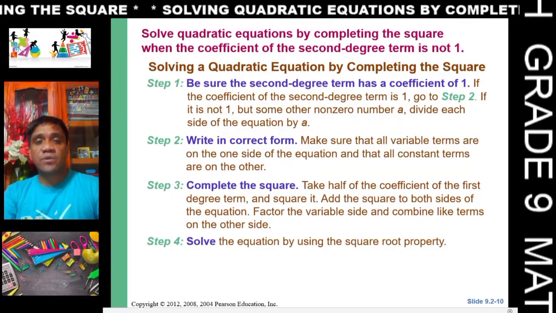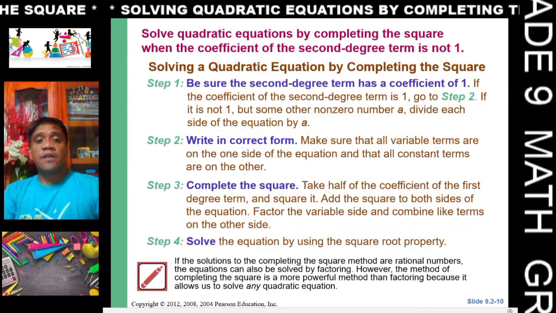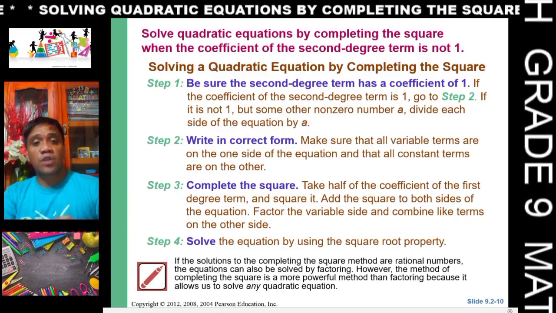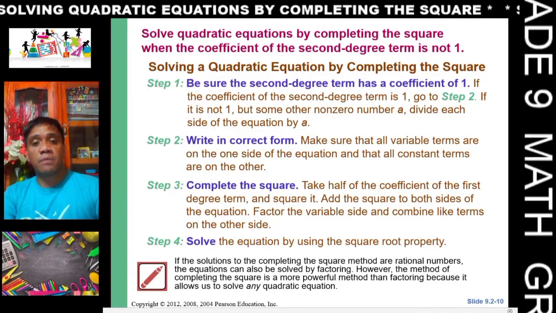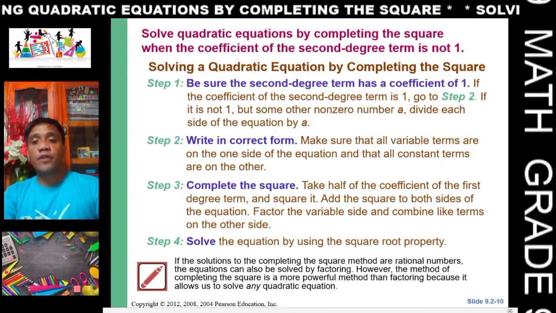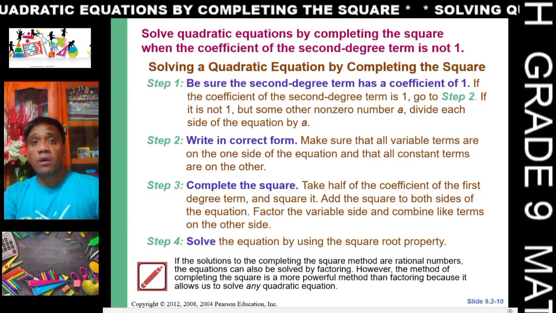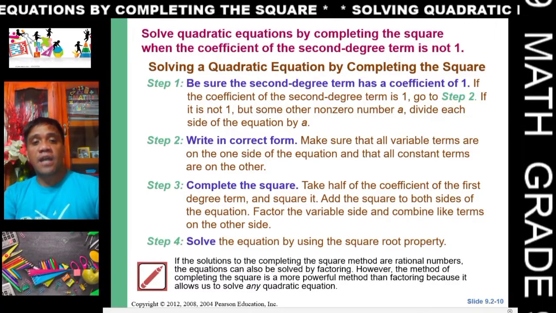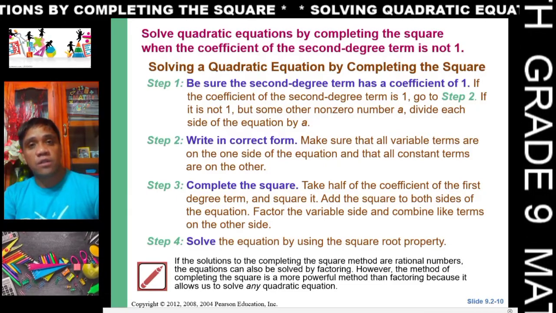Take note that if the solutions of the completing the square method are rational numbers, the equations can be solved by factoring. However, the method of completing the square is a more powerful method than factoring because it allows us to solve any quadratic equation.